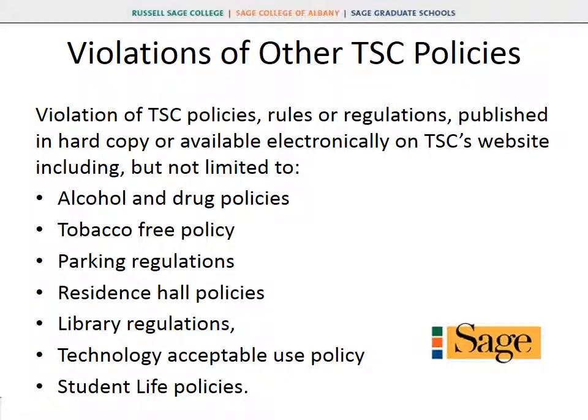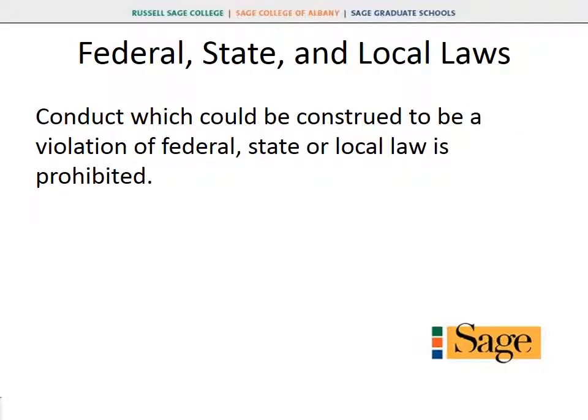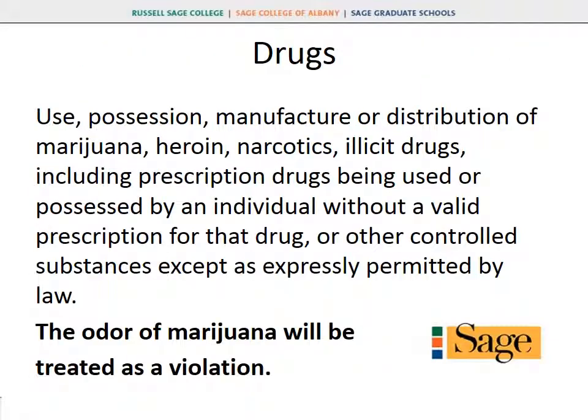These policies can be found online in the Sage Student Handbook, available at sage.edu/student-handbook. Federal, state, and local laws. Conduct which could be construed to be a violation of federal, state, or local law is prohibited.